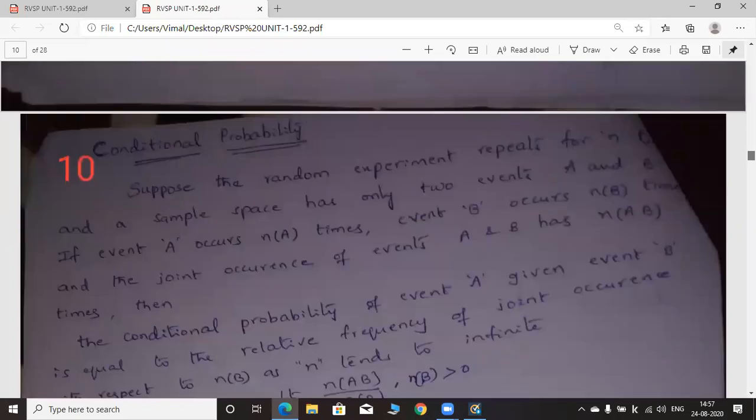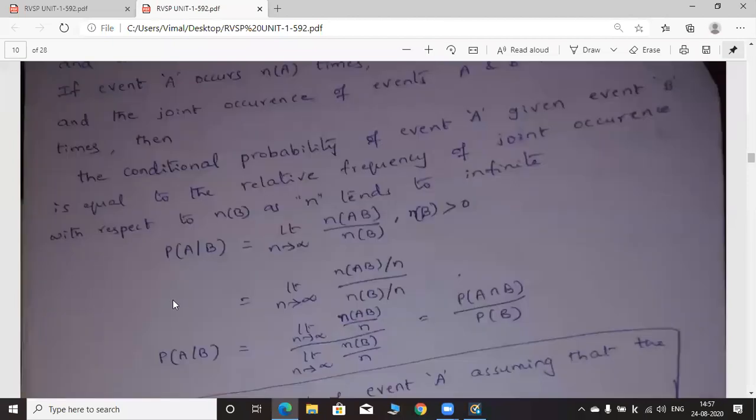Is it clear? Here we have considered two events, capital A and capital B. Event A occurs n of A times, event B occurs n of B times, and the joint occurrence of events A and B is n of AB times. According to the relative frequency definition of probability, we can get the formula for conditional probability.